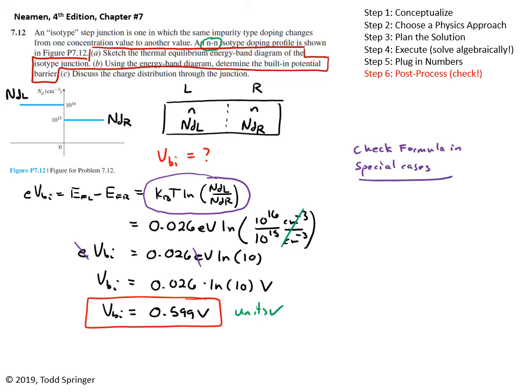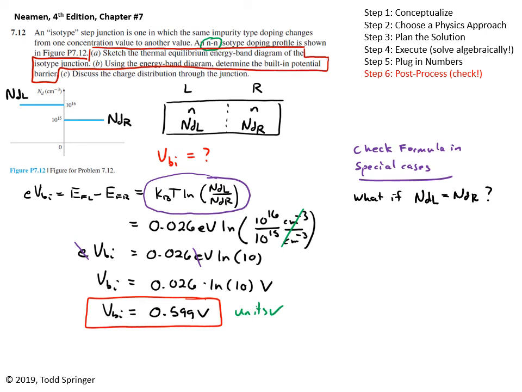So for example, I could imagine, what if ND left was equal to ND right? That's not the case for this particular problem, but because I have a formula which is true for any problem like this, I could make sure that the answer that I get from this formula works.